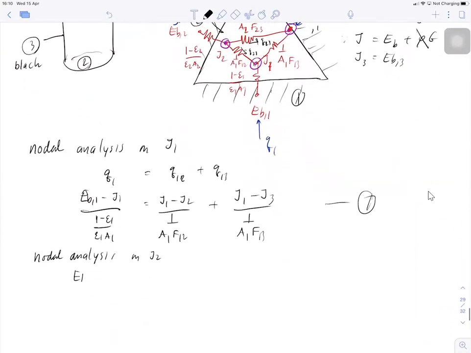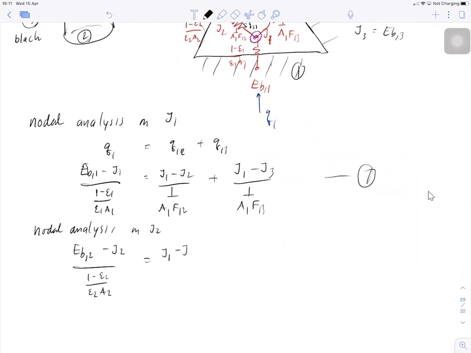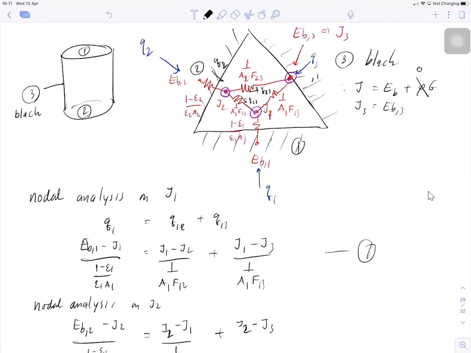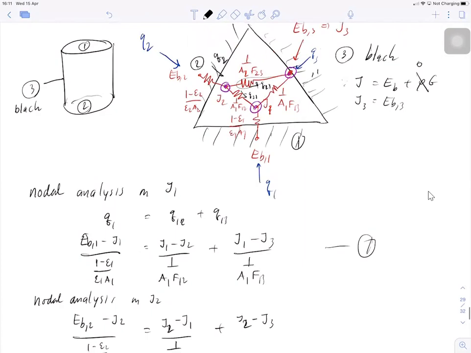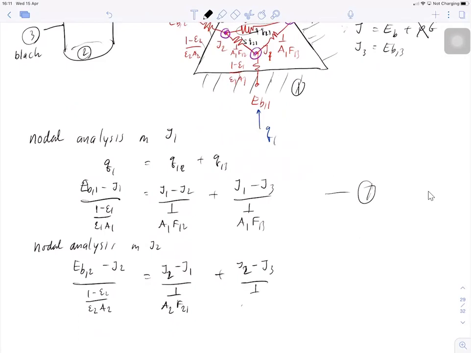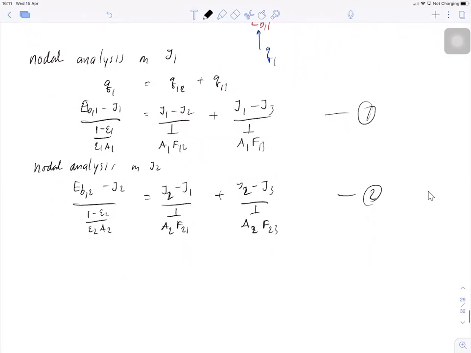Q2 is crossing EB2 minus J2 over (1 minus epsilon 2) over epsilon 2 A2, equal to J2 minus J1 over 1 over A2F21 plus J2 minus J3 over 1 over A2F23 on this leg. Your second equation.